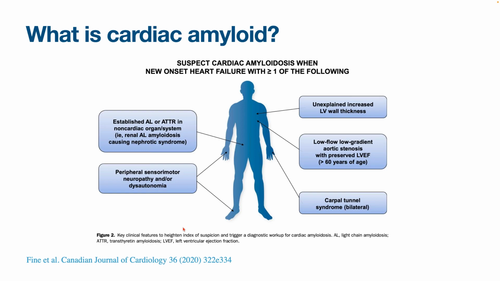Patients presenting with carpal tunnel syndrome, and established AL or ATTR with non-cardiac organ involvement, especially renal AL amyloidosis with patients presenting with nephrotic syndrome, and also patients with peripheral sensory motor neuropathy and/or dysautonomia.